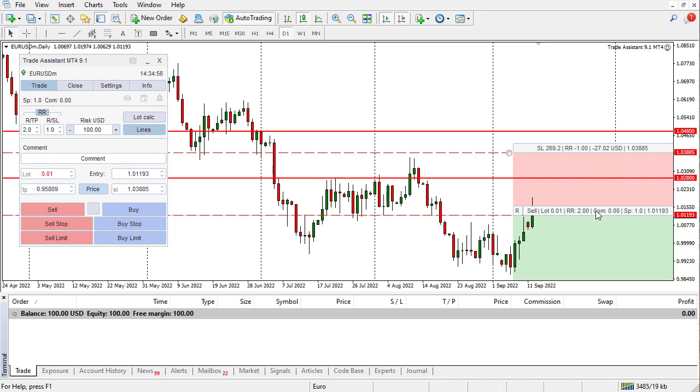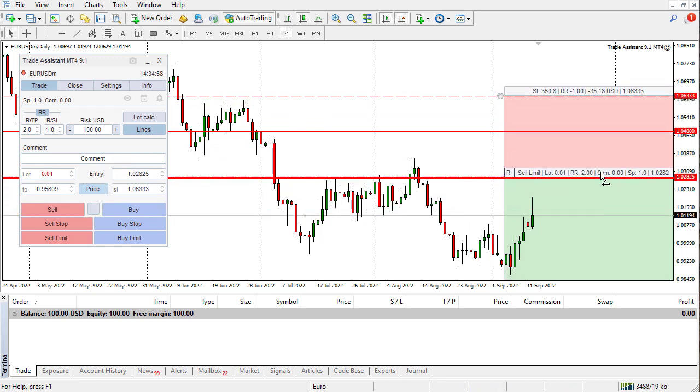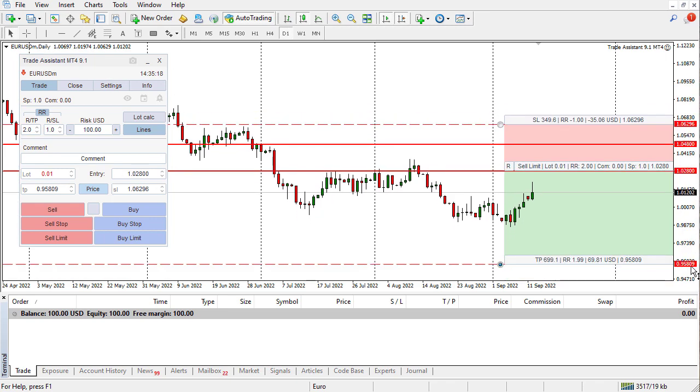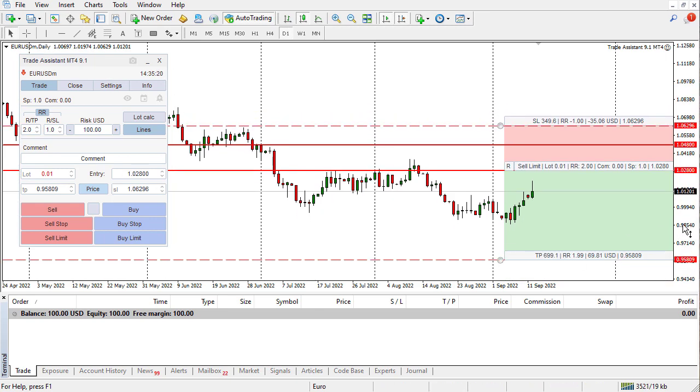So let me quickly bring up the lines so that you can see what we have here. This is where we're going to be placing our trade entry level, and our stop loss will be placed at the 1.0480 price level, right? Here. Yep, here's the problem.